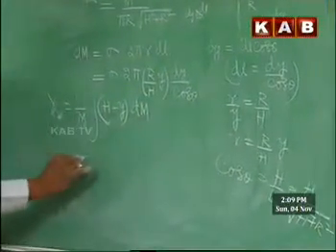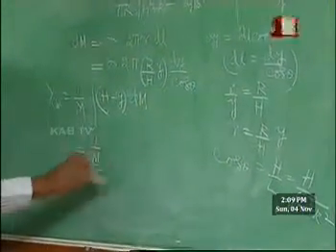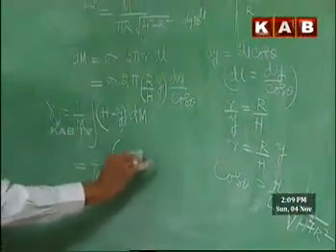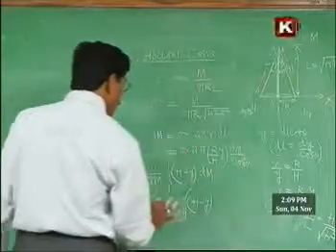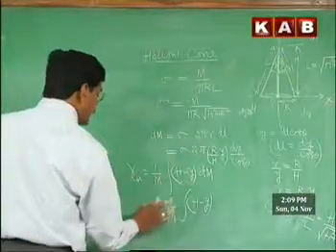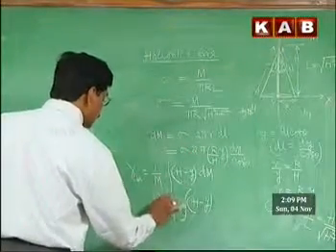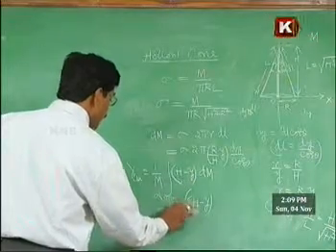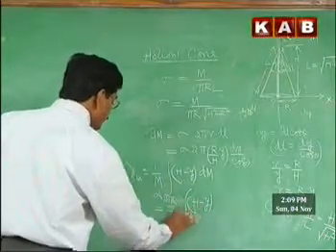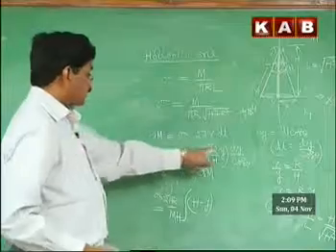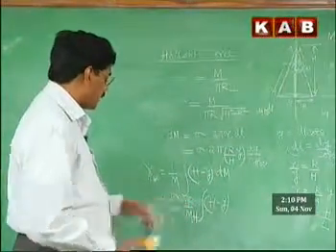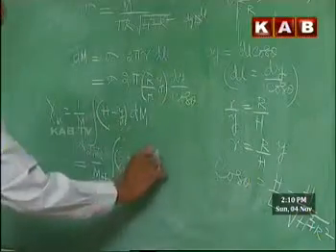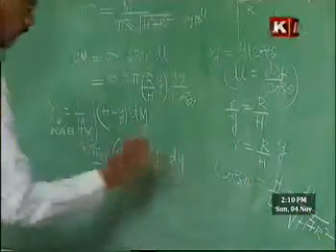Substituting that here, 1 by m integral h minus y into dm, where dm is sigma 2 pi r by h times y dy by cos theta. I write sigma 2 pi R by H into 1 by m, and h minus y into y dy.